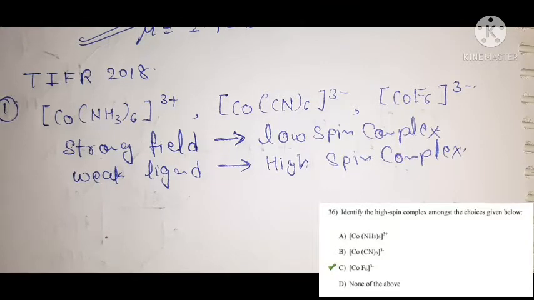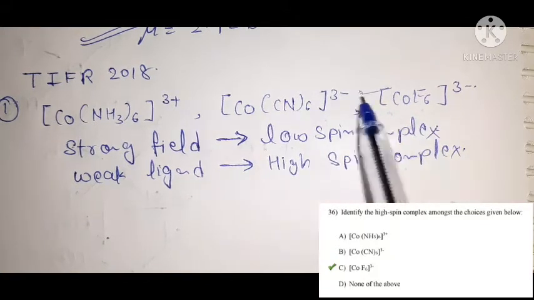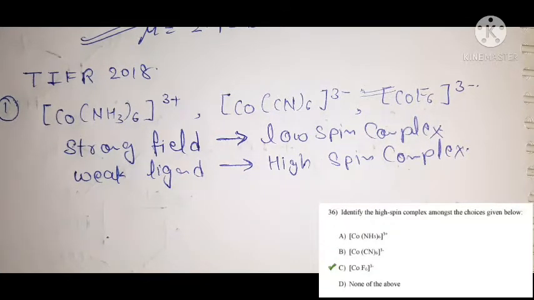Understand? So you must check which option contains a weak field ligand out of these three options. You clearly see that option C contains a weak field ligand, that is fluorine, while NH3 is a strong field ligand. Only option C contains a weak field ligand, that is [CoF6]3-.